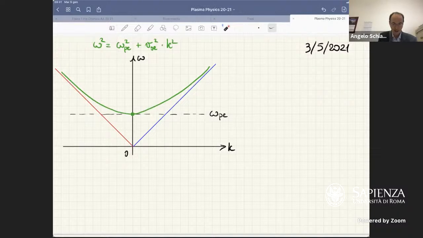So here is the dispersion relation, the usual smooth curve that asymptotically goes as the phase velocity.